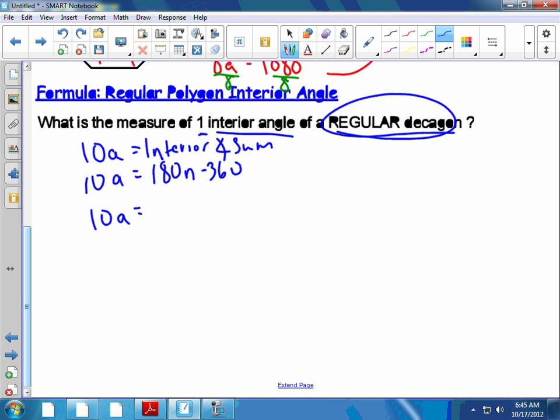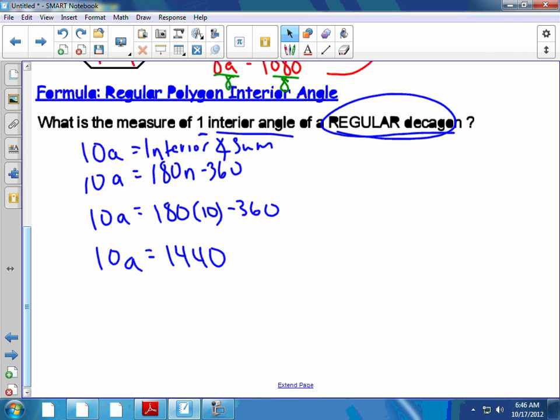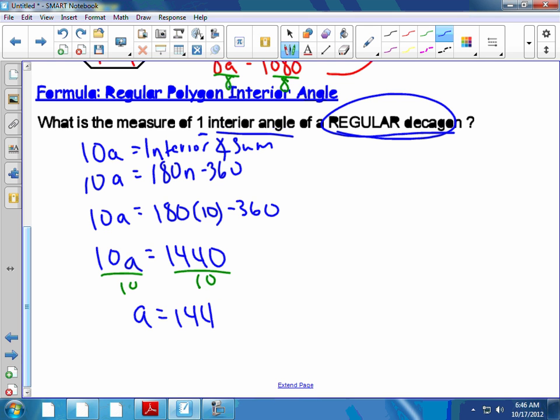And we know that 180 times 10 minus 360 is going to get us 1,440. Divide both sides by 10, we get A equals 140.